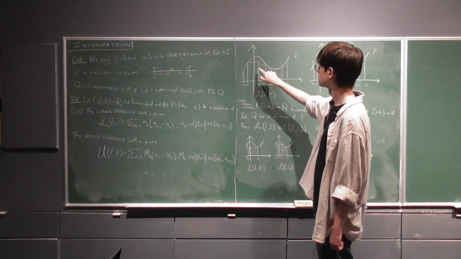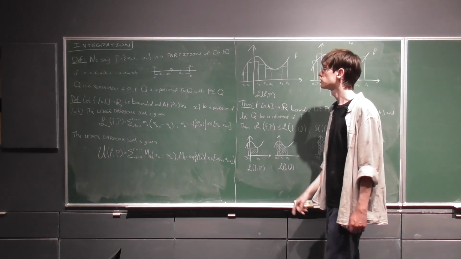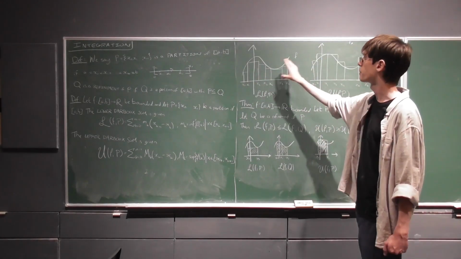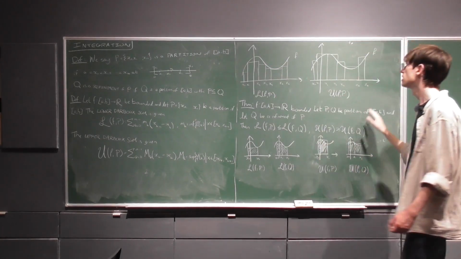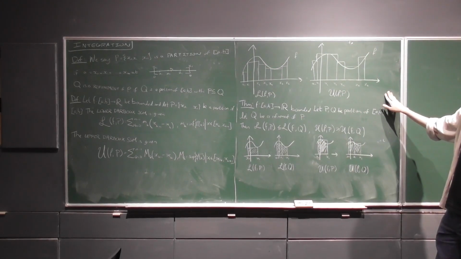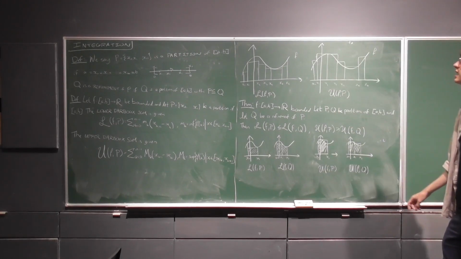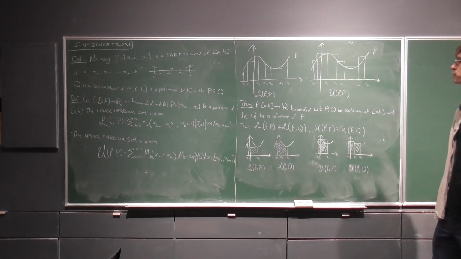Similarly, we have x1 to x2: it's the width, x2 minus x1, times the lowest height that it achieves, so it's the area of this rectangle. The entire lower Darboux sum gives the sum of the areas of all of these rectangles. Similarly for the upper Darboux sum, but now we're taking the highest point that f attains on the interval.